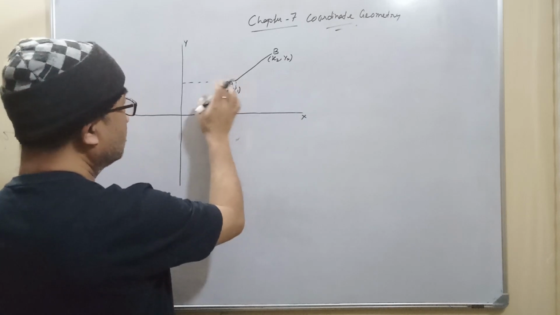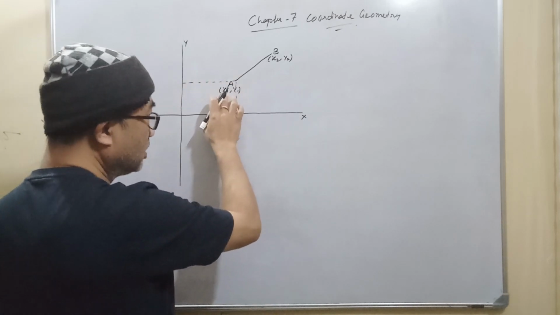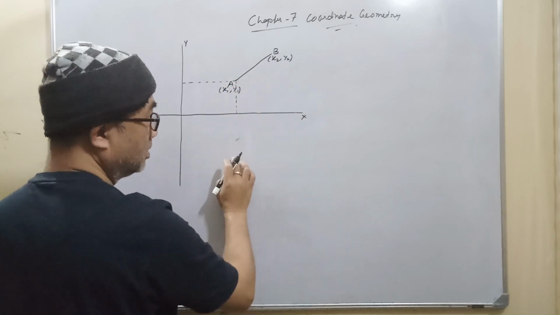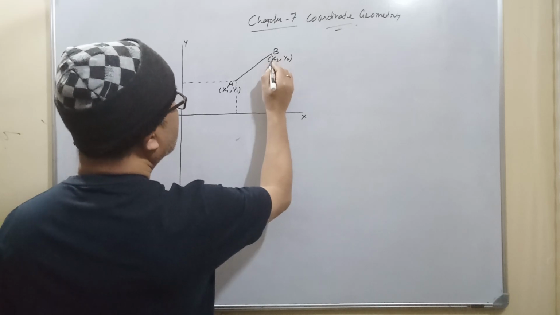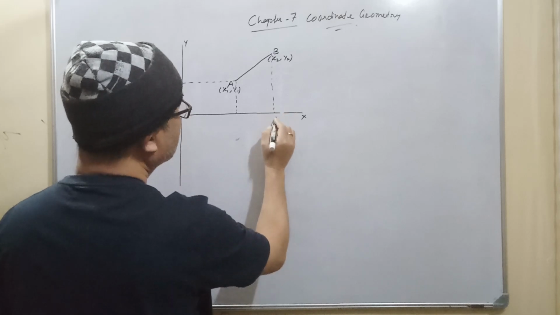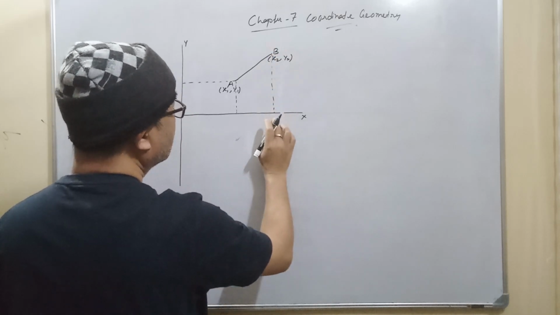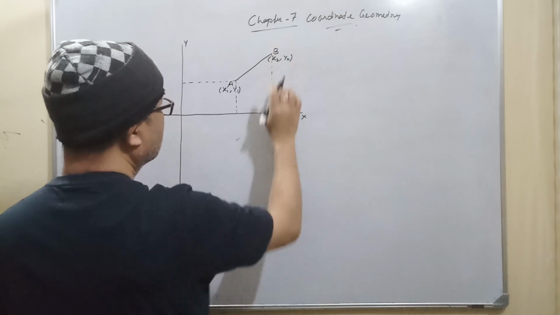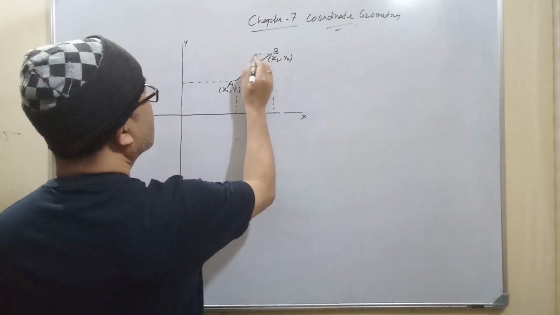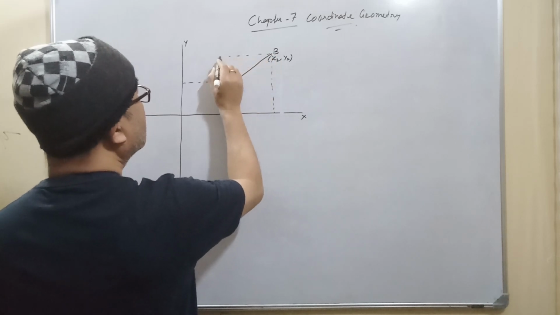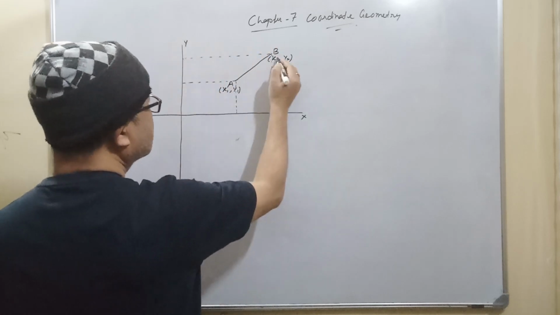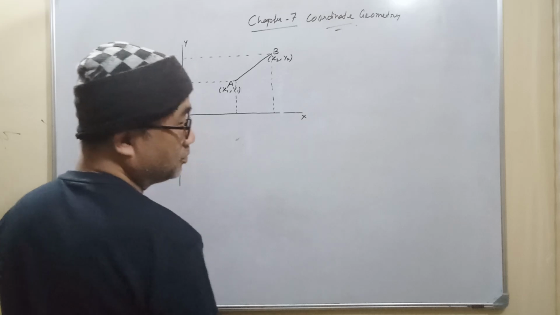Perpendicular distance from the y-axis gives us x1 and perpendicular distance from the x-axis gives us y1. Similarly, the perpendicular distance of B from the x-axis gives us y2, and the perpendicular distance of B from the y-axis gives us x2.